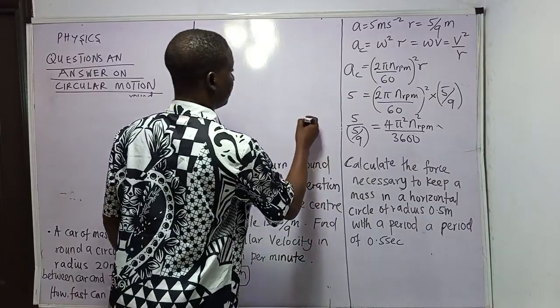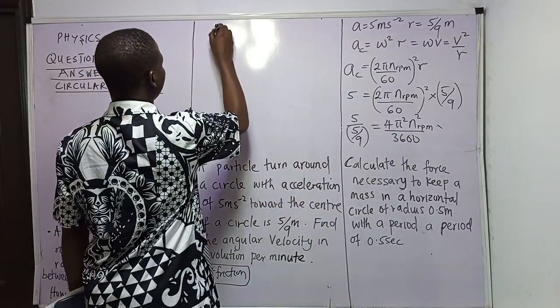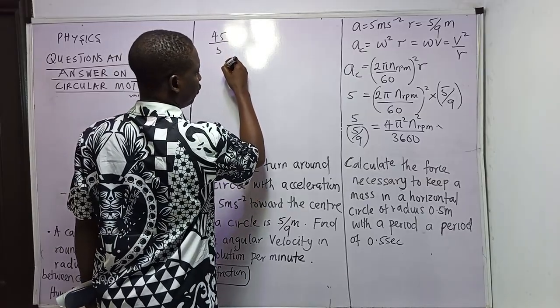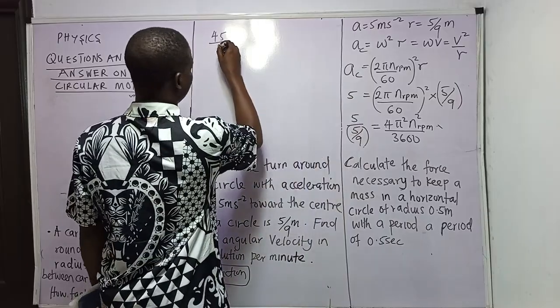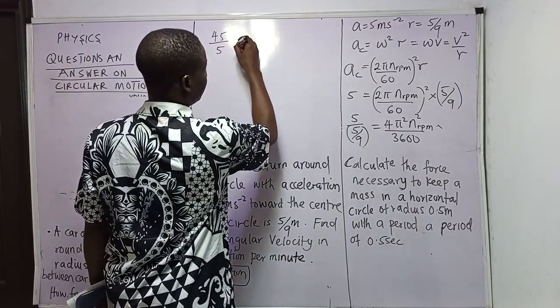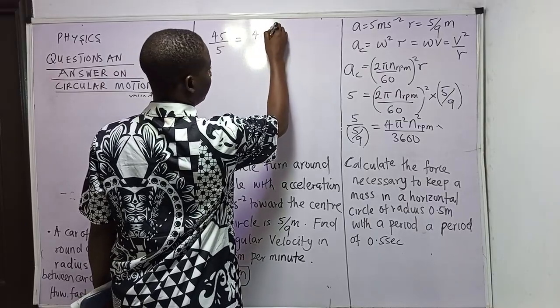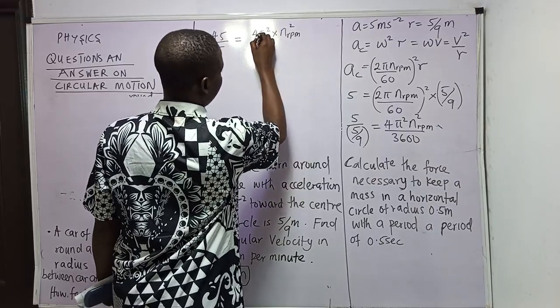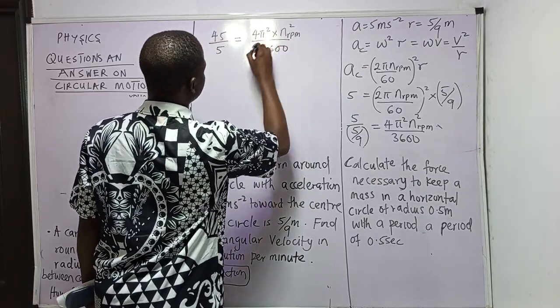Let's continue the solution from here. So this gives us 45 over 5 equals 4 pi square times n revolution per minute square all over 3,600.